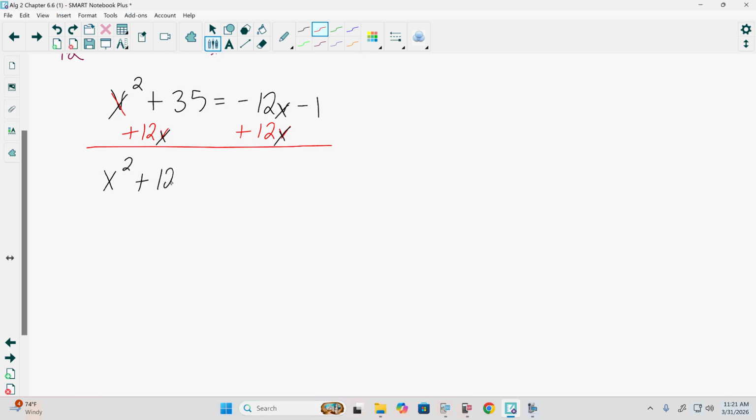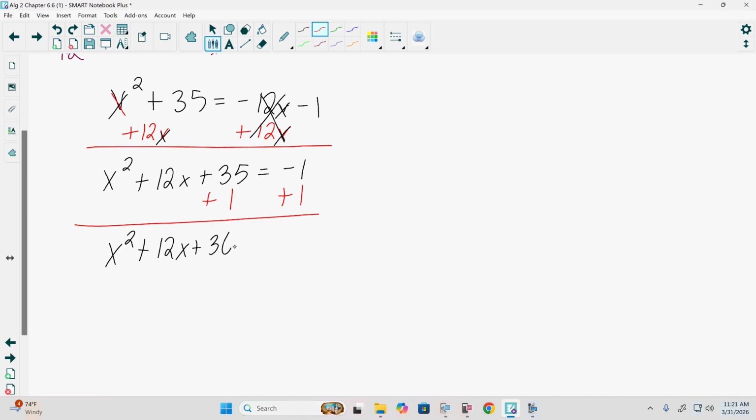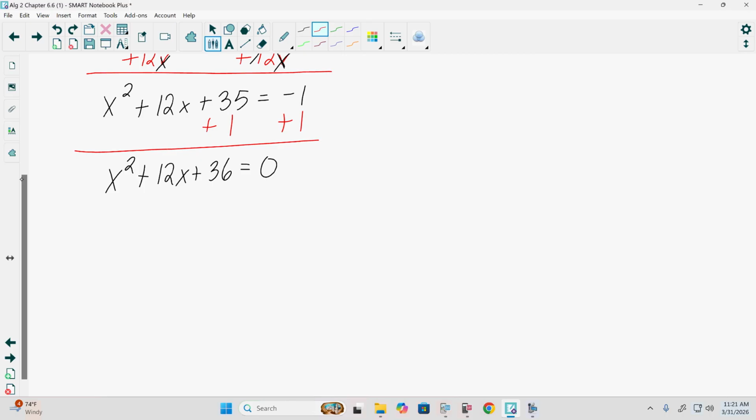X squared plus 12x plus 35 is equal to negative 1. Still not equal to 0, so the next thing we can do is add 1 to both sides. Telling us that x squared plus 12x plus 36 is equal to 0.